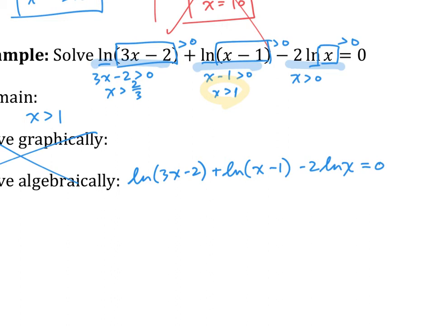Well, remember the key in simplifying them: first you got to make sure all the logs have the same base, which they do. If there's a plus, that's a multiply. If there's a minus, that's a divide. However, there is a coefficient in the front, so I got to get rid of that first. So that becomes an exponent. I'm going to just rewrite this problem first.